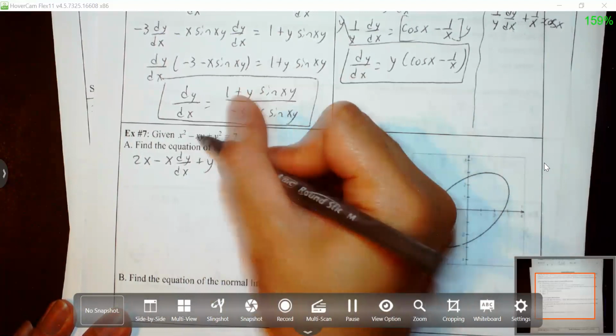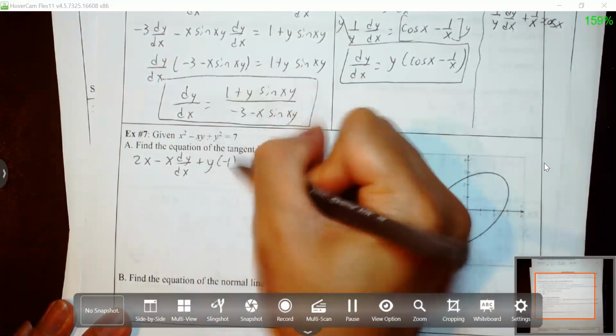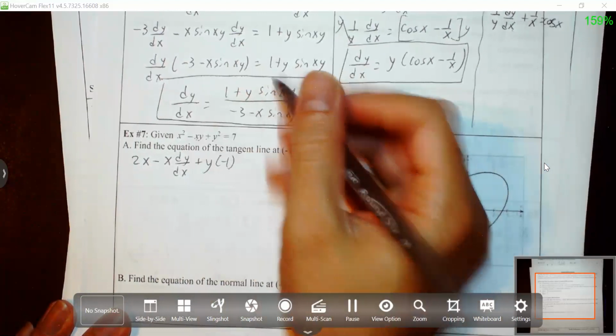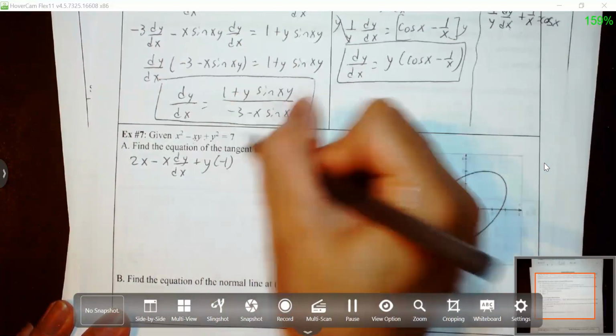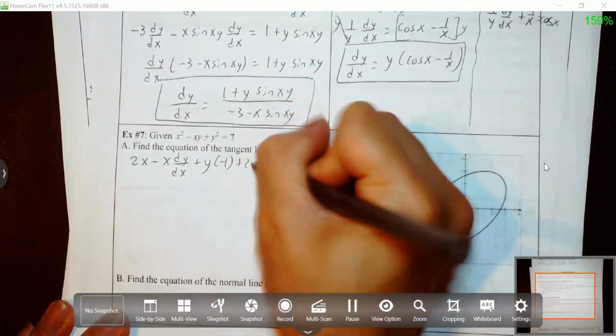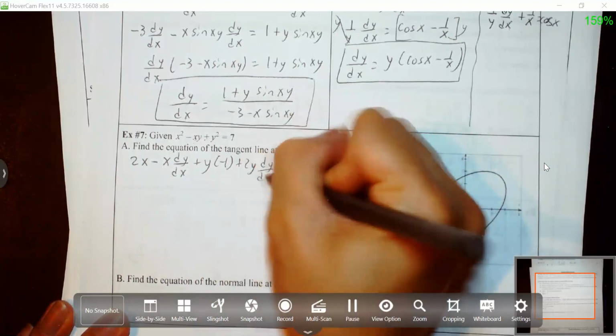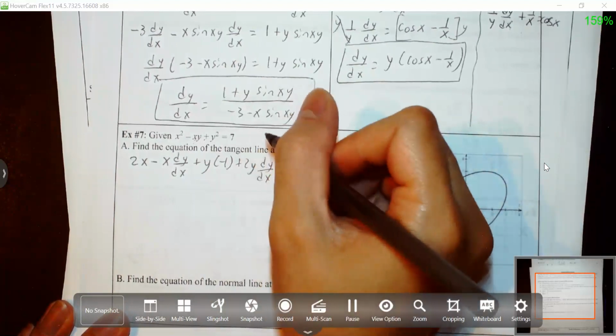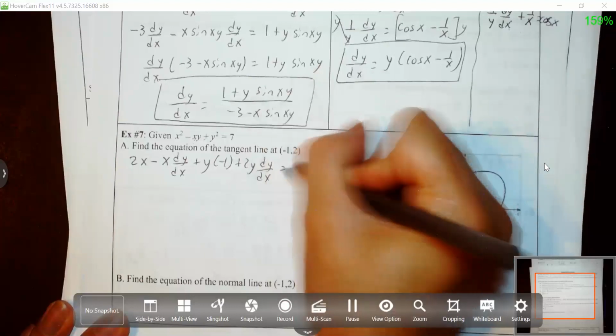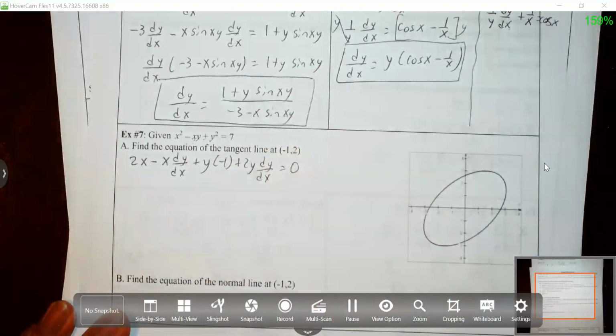The derivative of negative x is -1. Then I take the derivative of y squared, that's 2y dy over dx, and the derivative of 7 is 0. Okay?